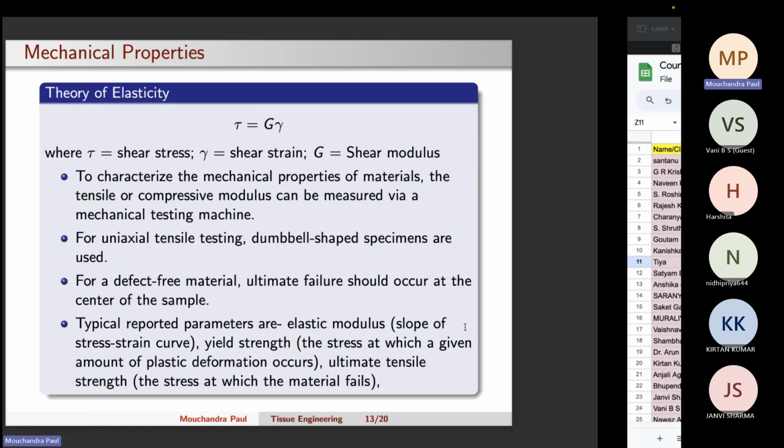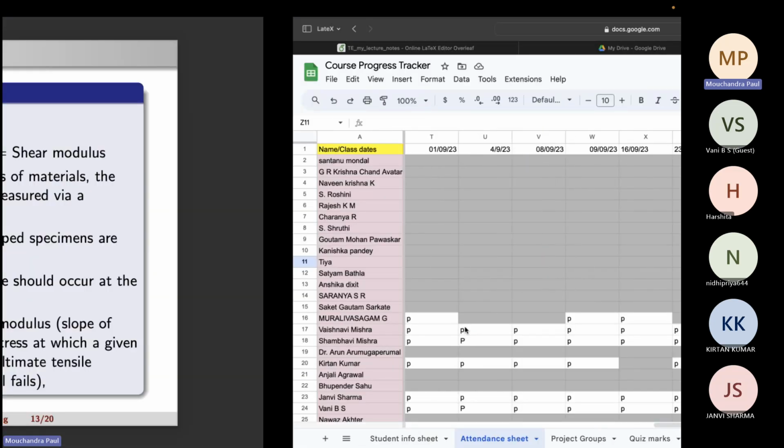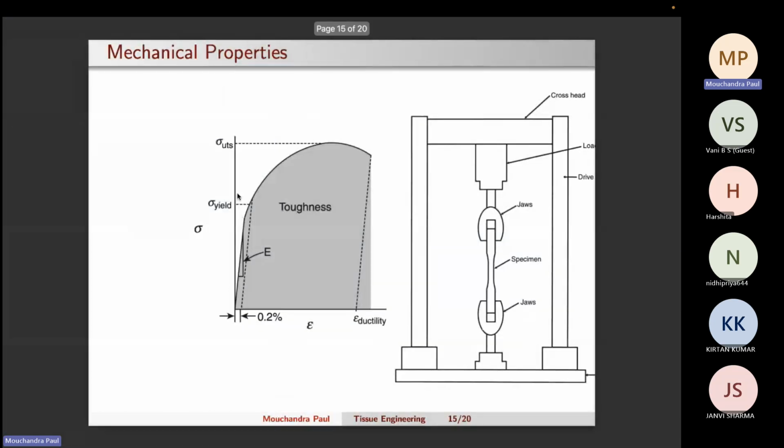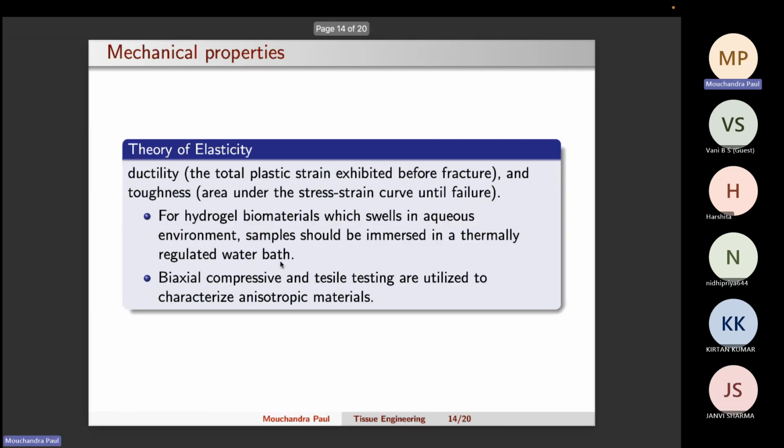This machine helps you plot a stress versus strain curve like this, where there will be an elastic region and a plastic region. From this curve, you have to calculate some parameters. From the slope of the elastic region, you will get the elastic modulus.